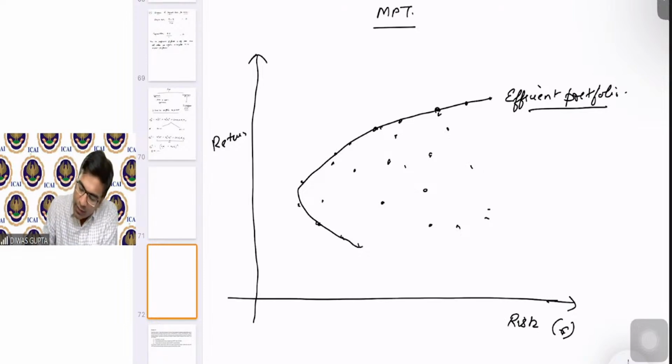If you compare this with this, let's say this is A and this is B. So B is giving you lower return and A is giving you higher return, but the level of risk is almost similar. Correct? I hope this is understood.